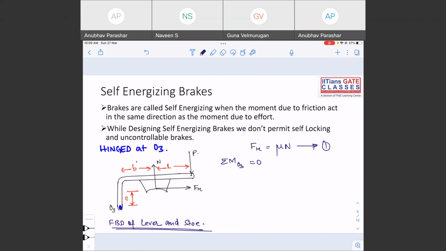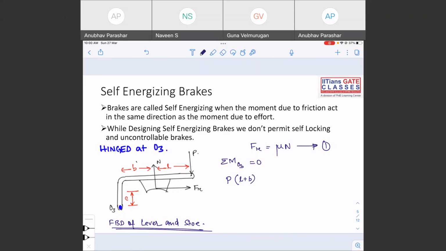So if you do that, you can see there are three forces here. What I can say is P into (L plus B).